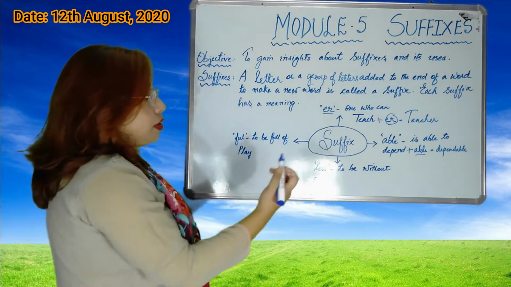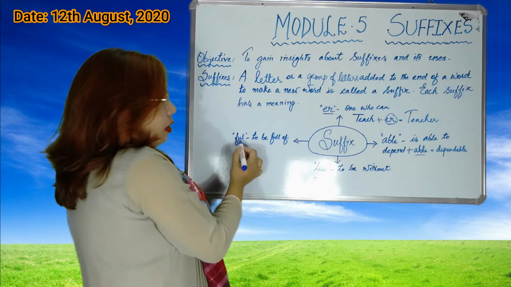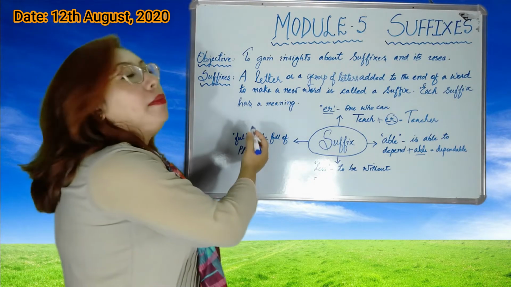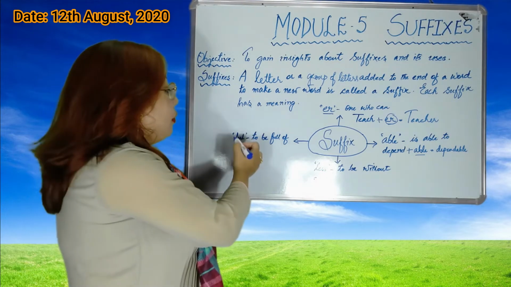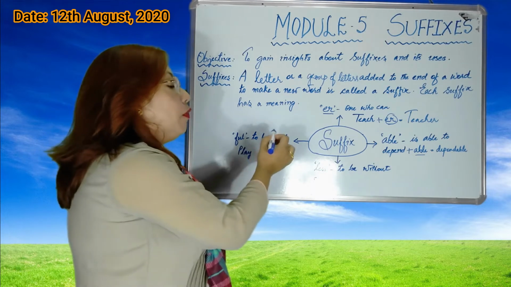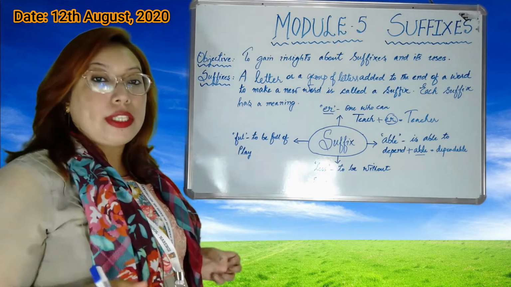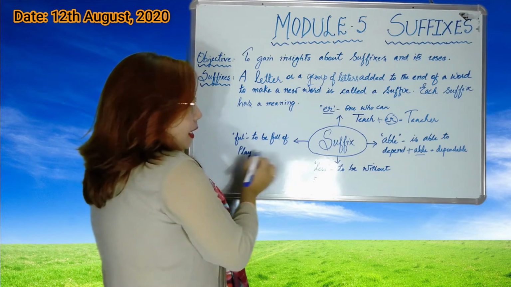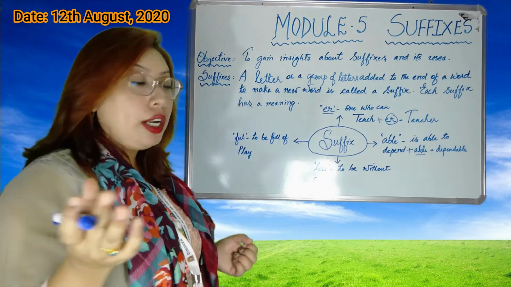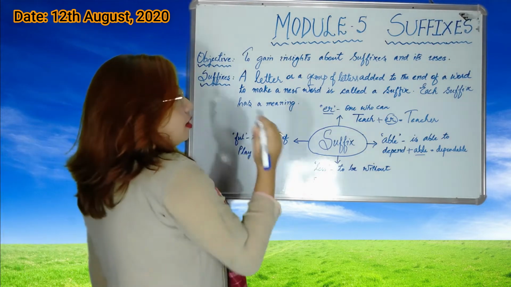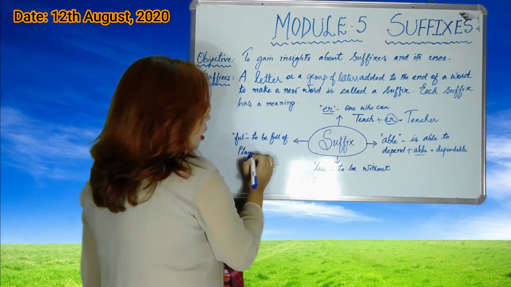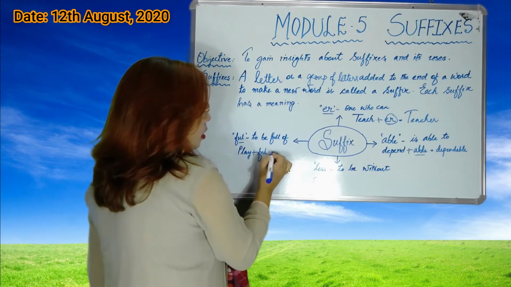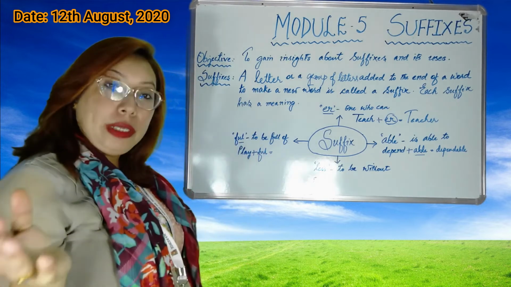Similarly, let us look here students. The suffix full has its own meaning. What is the meaning of the suffix full? It is to be full of something, right? If I use the word play, it's also an action word. If I add a suffix like full over here, then a new word would be created, right?